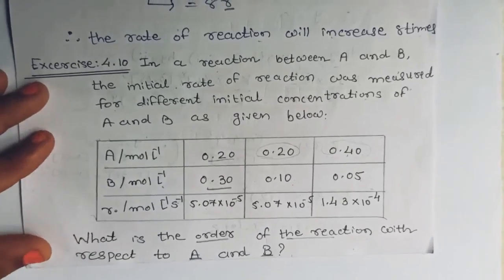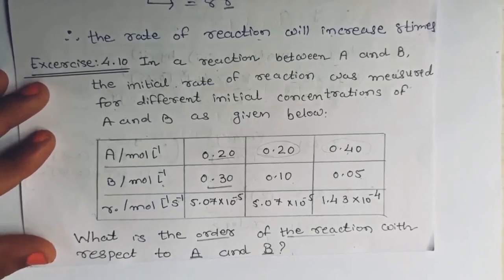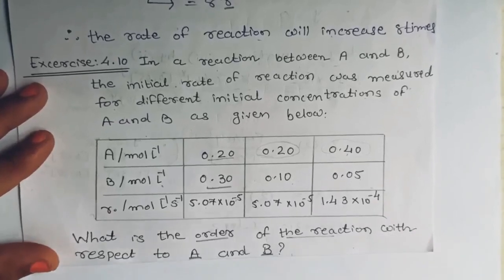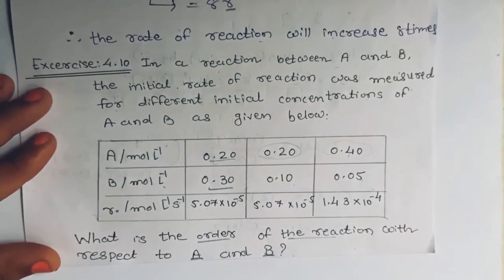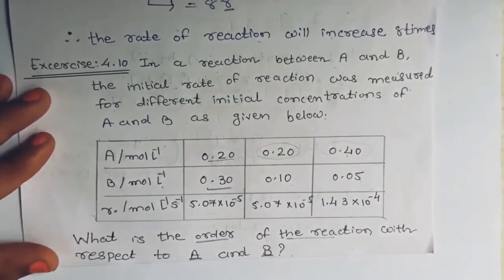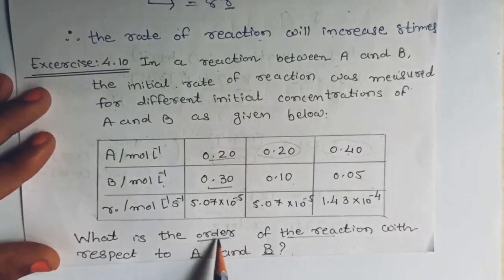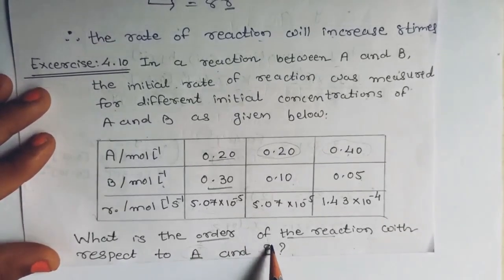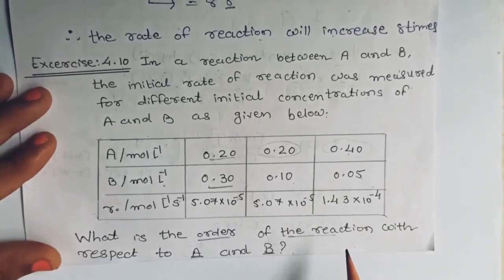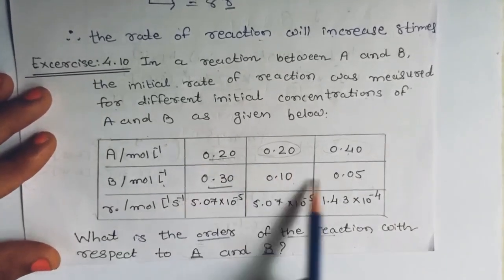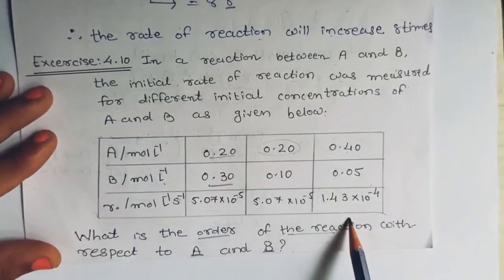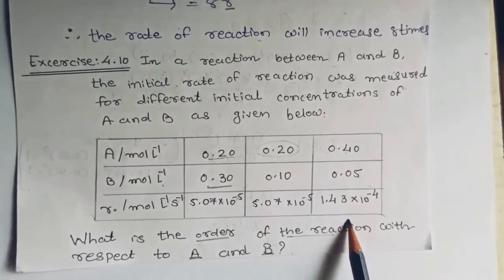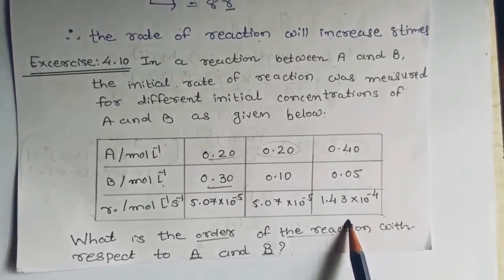This type of numerical is quite important for you. So see what you have to do. First of all, you have to write a general rate law, supposing the order of reaction with respect to A and with respect to B. From this general rate law, you have to replace all the terms and form different equations, and by dividing those equations you will get the order.